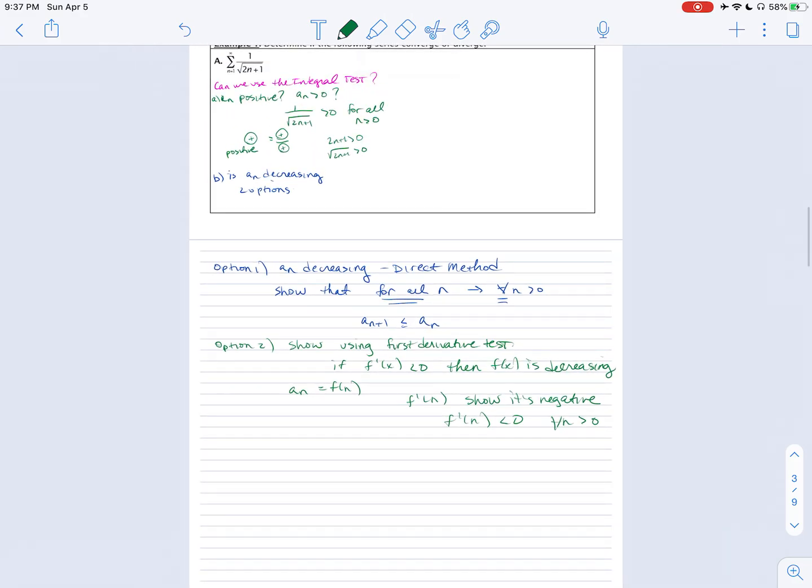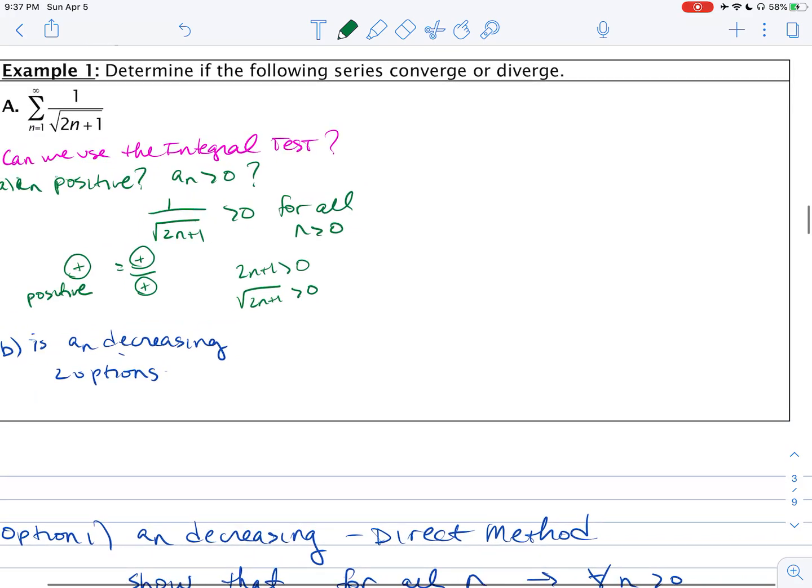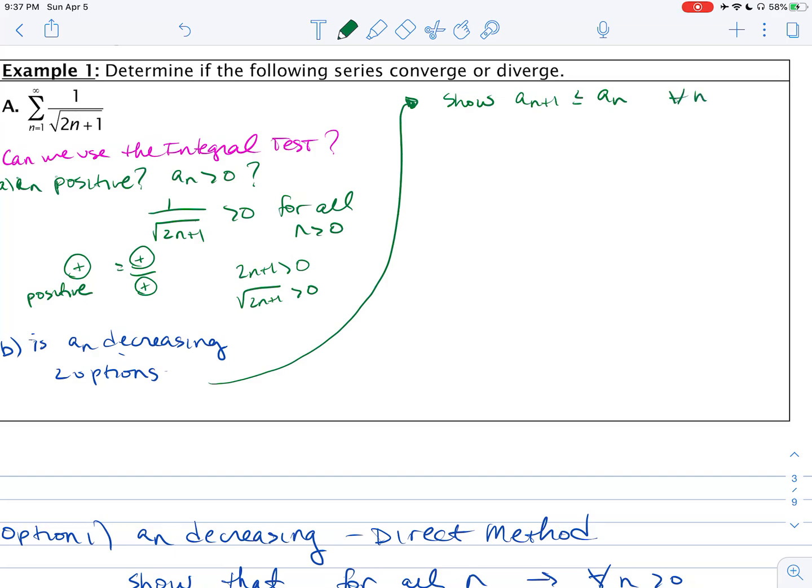So back here, how do we want to, in this instance, show that a sub n is decreasing? I'm going to show using the direct method because I'm going to end up with the same numerator. I don't have any n's in the numerator. So show a sub n plus 1 is less than or equal to a sub n for all n.